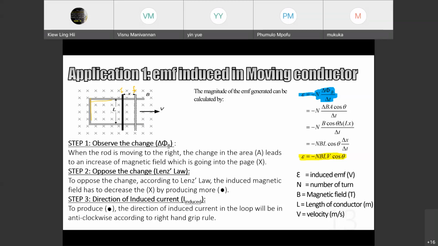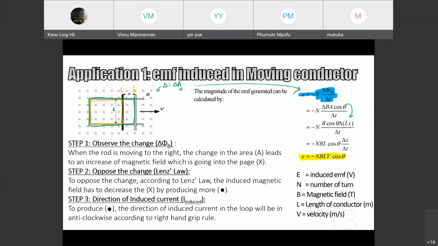When it is being dragged to the right, there is an increase of the area. So the changing factor here is actually the change in area. The formula can be derived from initially the Faraday's law.